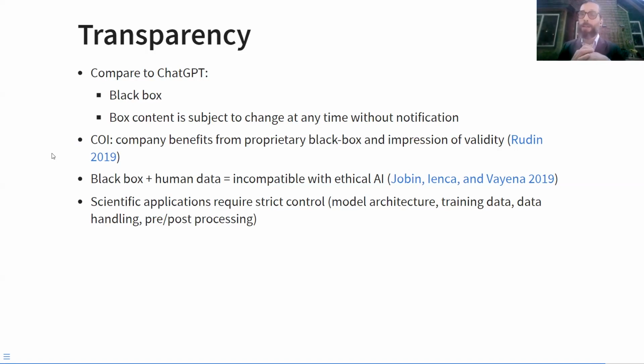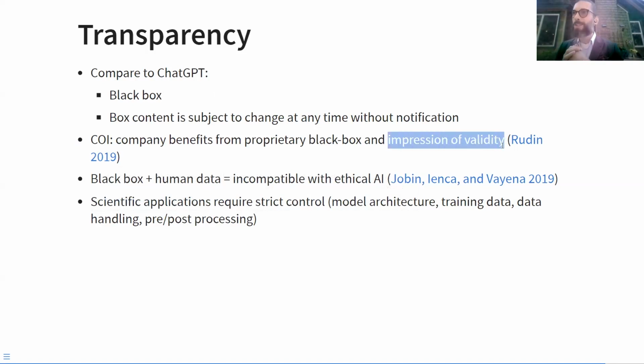There's also a conflict of interest. The company that owns an algorithm like GPT benefits from keeping it proprietary, regardless of whether it performs better or worse than open source alternatives. And it benefits from the impression of validity, but not necessarily from validating it.